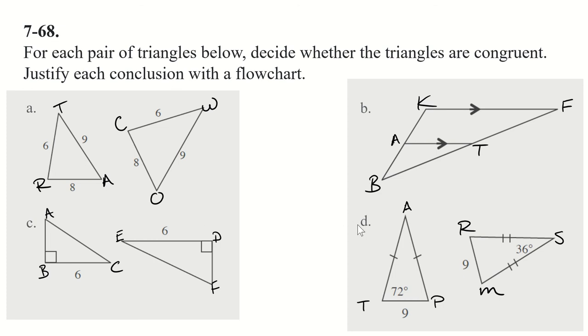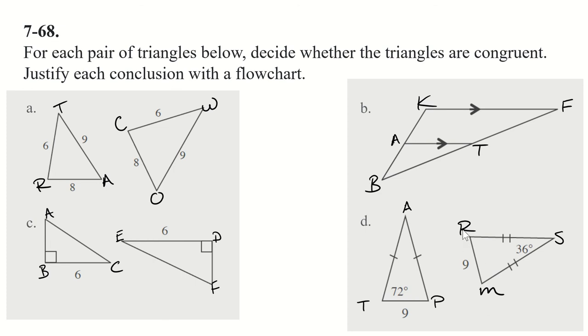I will point out in D that when you look at it, the fact that these are isosceles triangles gives me something about some base angles being equal. So I know that this angle and this angle have to be equal because this is an isosceles triangle. So since RMS is an isosceles triangle, angle R is congruent to angle M. If I call that arbitrarily X, or I could call it angle R and M, but they're the same.